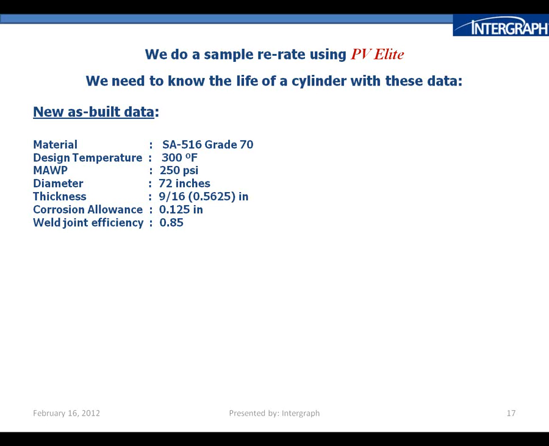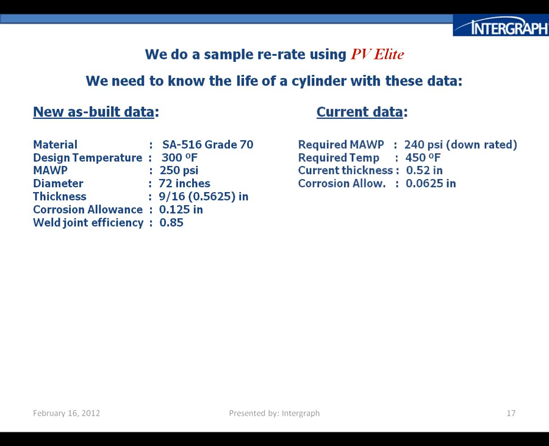Now, we want to re-rate this vessel, but using the current conditions. Okay? So we're going to perhaps downgrade the pressure from 250 down to 240 psi, but we're going to raise the temperature from 300 to 450.